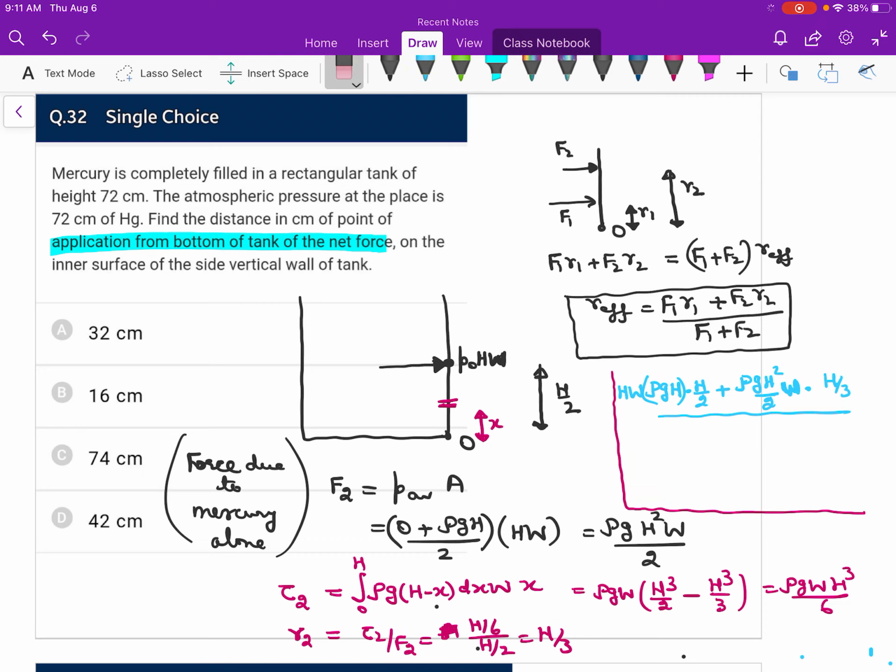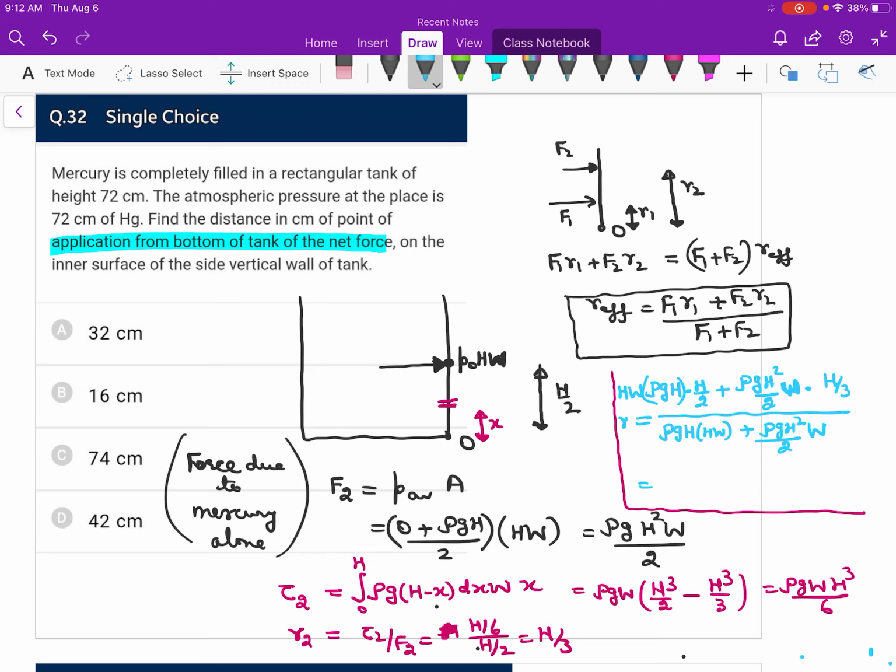So f1 plus f2 is rho g h into hw plus rho g h square by 2 into w. All right, so this is the effective distance.